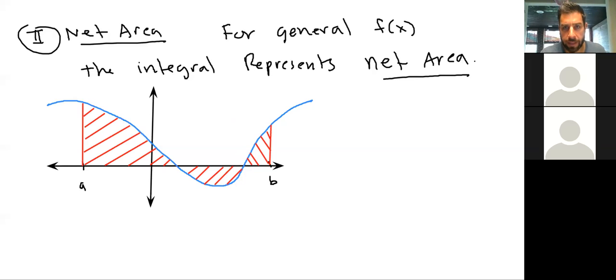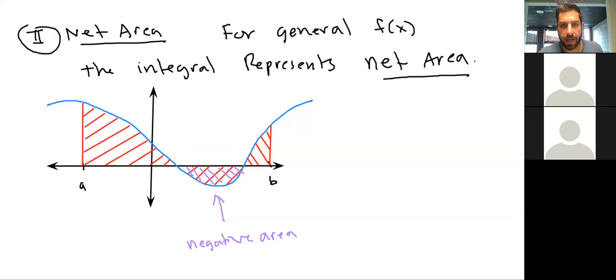So what we'd like to think about is the following. Let me get a different color. You might think of this guy underneath as negative area, if that makes any sense. And so let me shade it a little different like this.